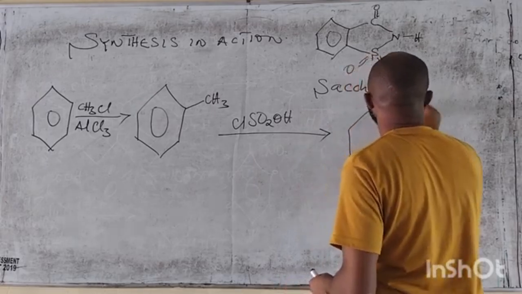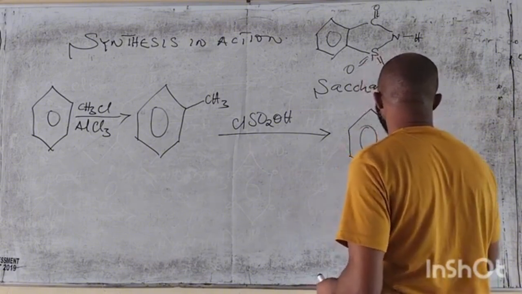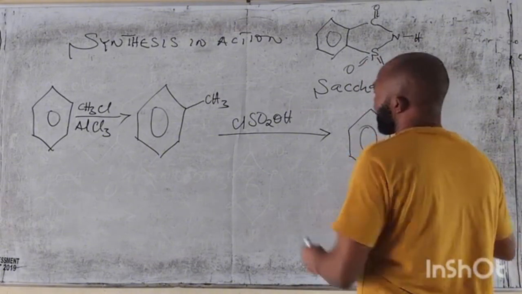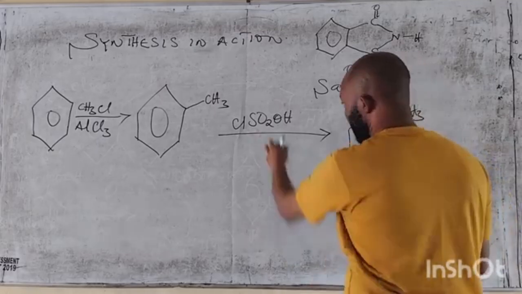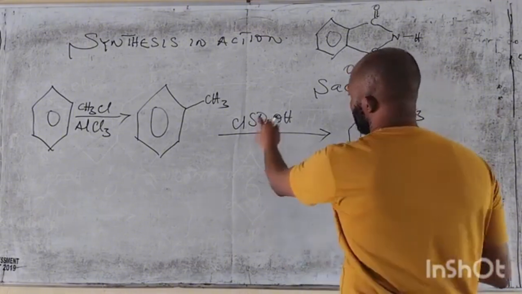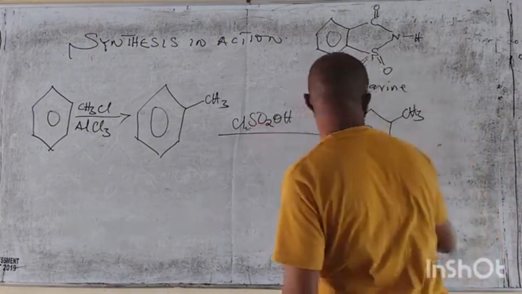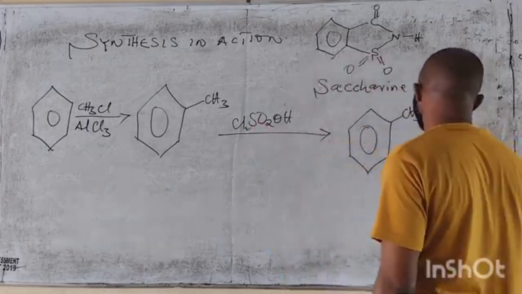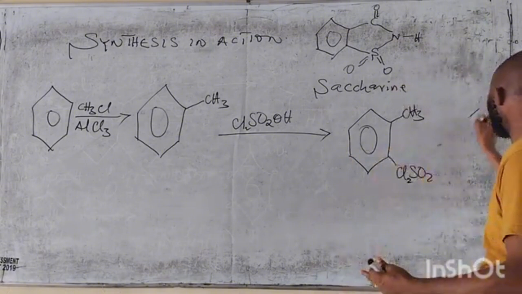This is my CH3, and the ClSO2 will come in here. Remember since it's ortho-para, it means I will have two structures.